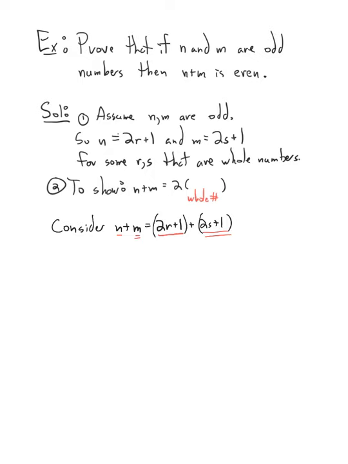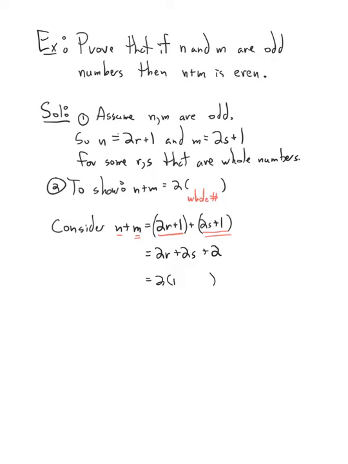All right, we know what our answer should look like. It should look like 2 times some whole number. So how are we going to do this? Well, let's combine as many like terms as we can, and really the only things we can combine are the 1 and the 1 to get 2. So if we simplify this, we get 2r plus 2s plus 2, and you can see that all of the terms here have a common factor of 2.